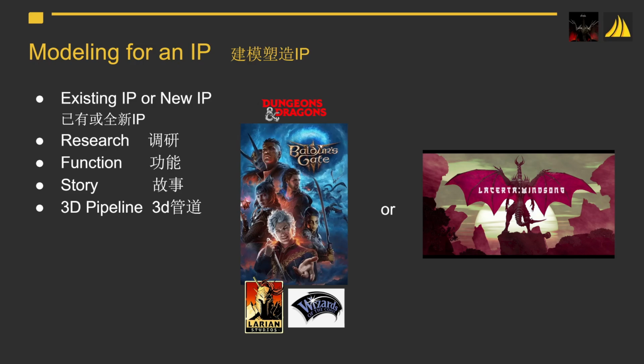The IP is from Dungeons and Dragons, which is published by Wizards of the Coast, which is then owned by Hasbro, but yeah, you get the idea. And this here on the right is my own IP, Lacerta Windsong, which is just my own creation. It's giant dragons versus giant robots in a sci-fi fantasy setting.